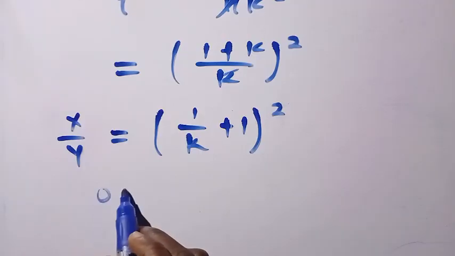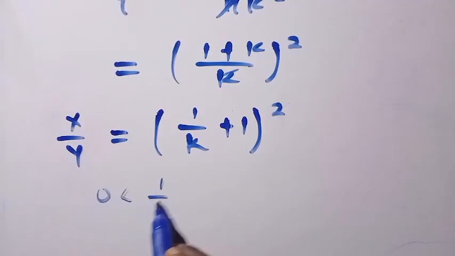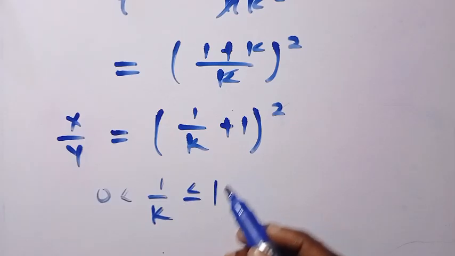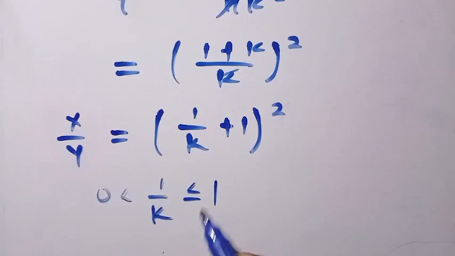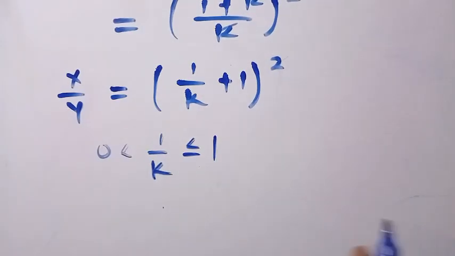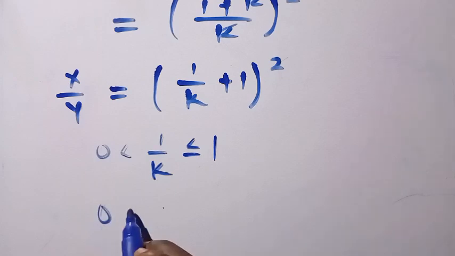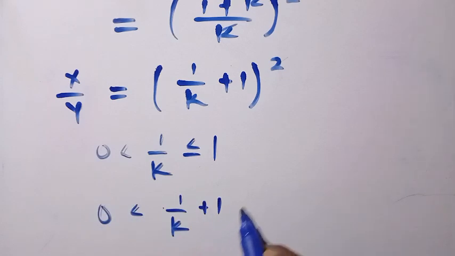So therefore, the inequality is 0 less than 1 divided by k, and 1 over k is less than or equal to 1. But we have to get 1 over k plus 1 from here. It means that if we modify this, we are going to have 0 less than 1 divided by k plus 1, then less than or equal to 2.